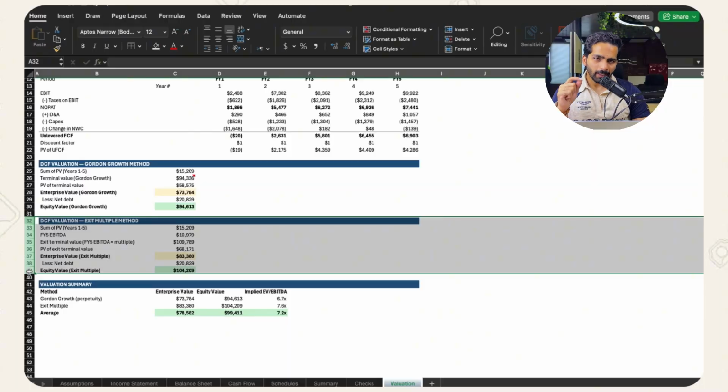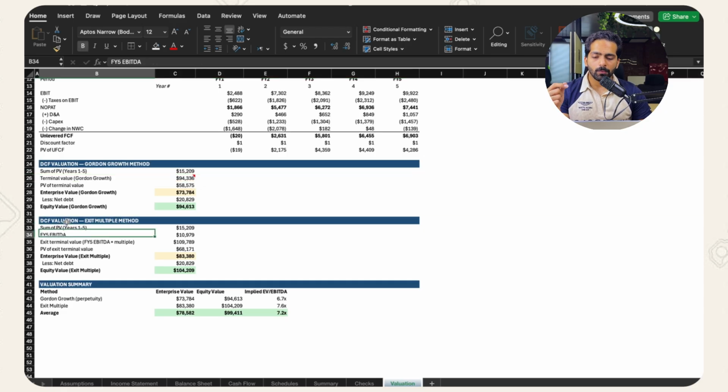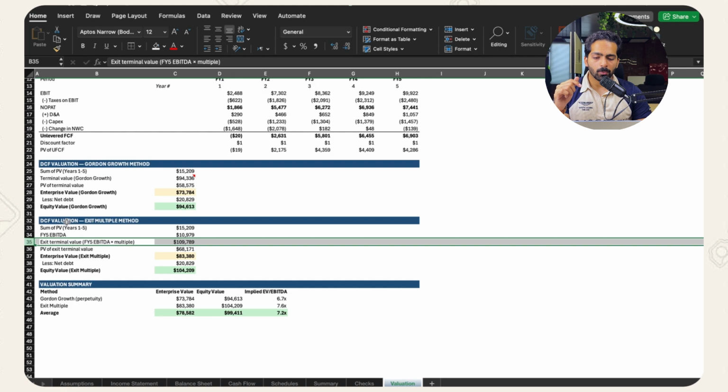We are expecting the business to continue in the future indefinitely, so we expect a percentage of growth. Using that percentage, we calculate our terminal value using the Gordon growth method. But this is totally different when we calculate the terminal value using the exit multiple method. We will discuss both in this video.